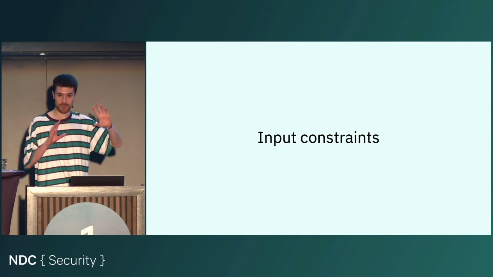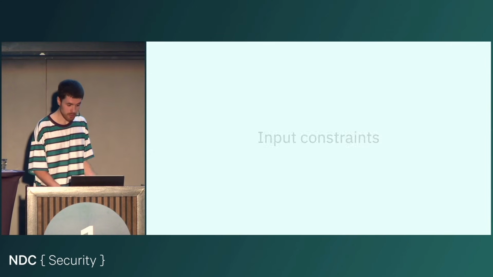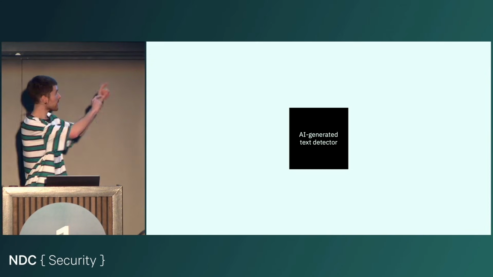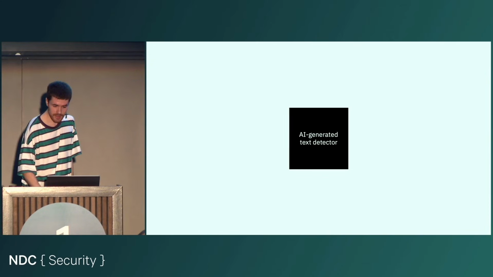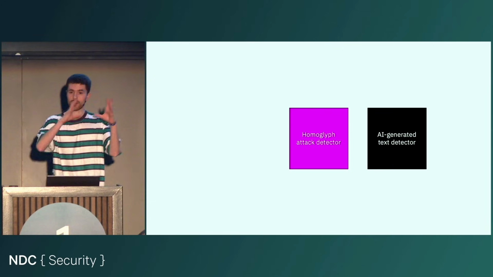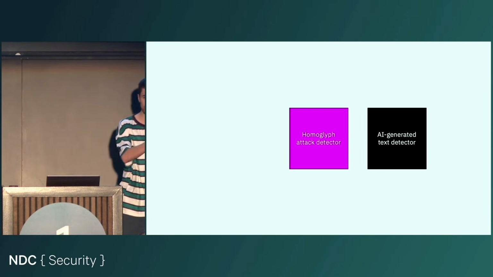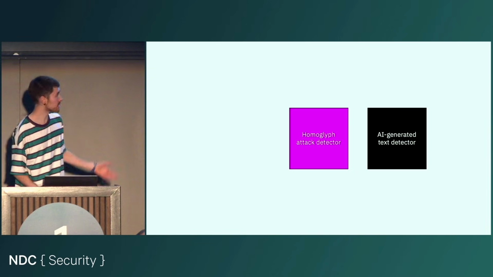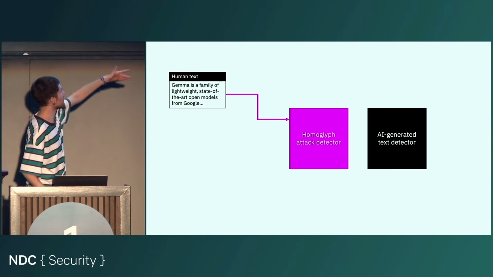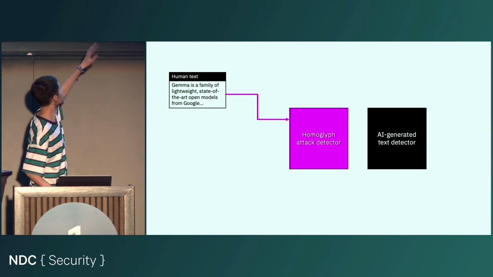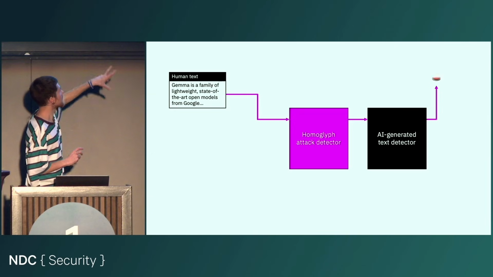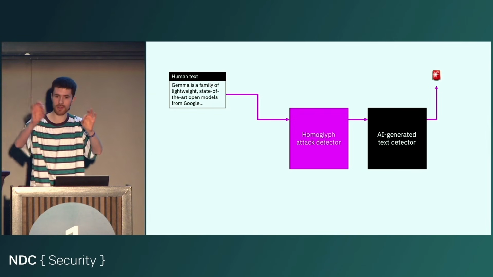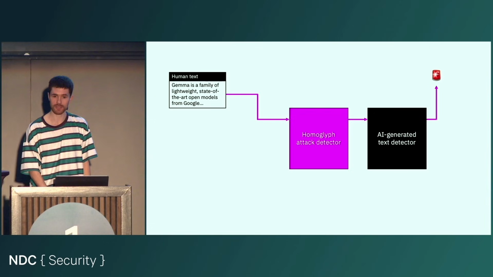So what I mean by that is that we can have our AI-generated text detector like this one, and we just put another box, which is a detector of homoglyph attacks. Just an alarm. The idea is we have a text, we give this to our homoglyph attack detector, it analyzes the text, and if there's no attack here, we just run the text through our original detector.